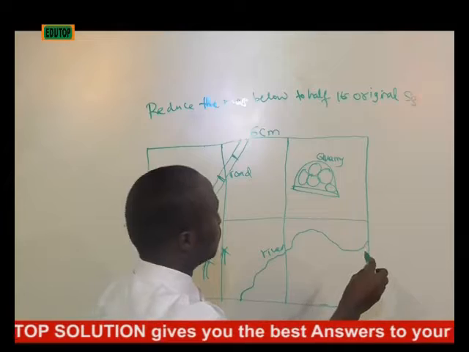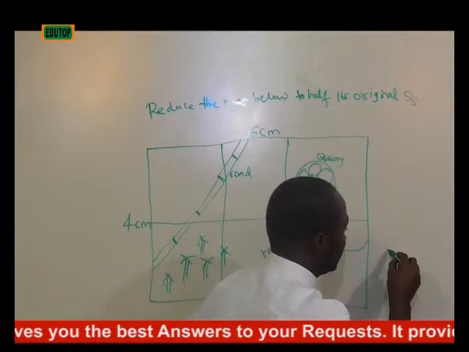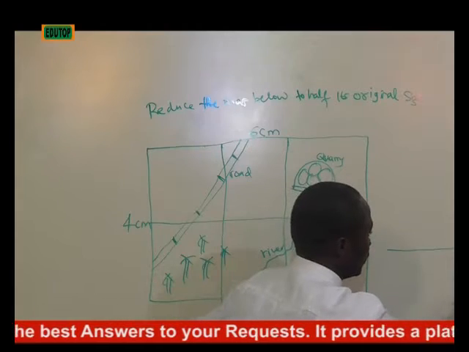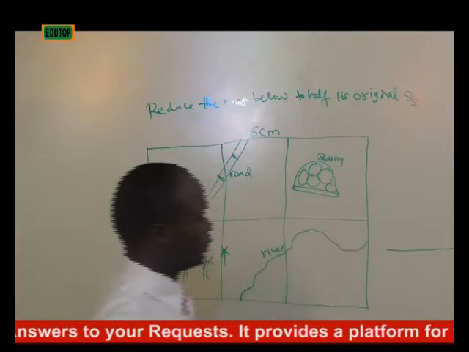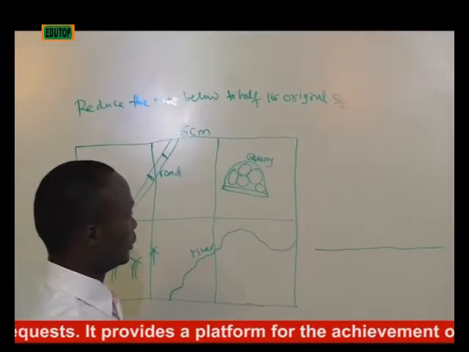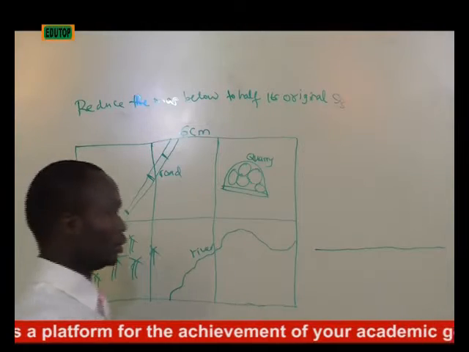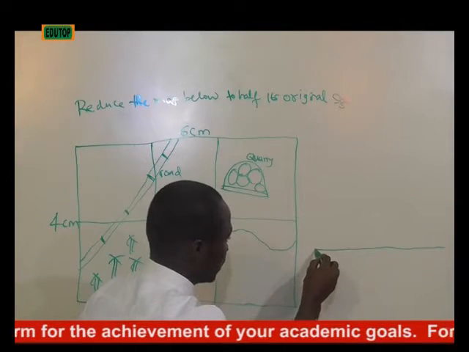Now, half of 6 is 3, so you measure out 3 centimeters. And half of 4 is 2, so you measure out 2 centimeters.